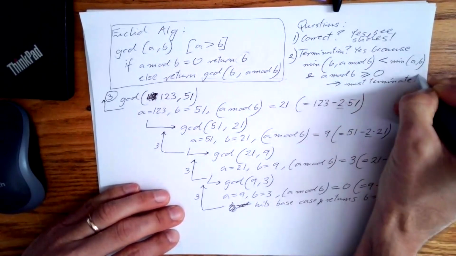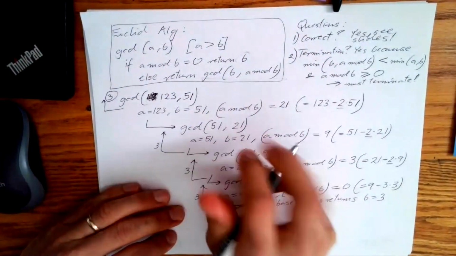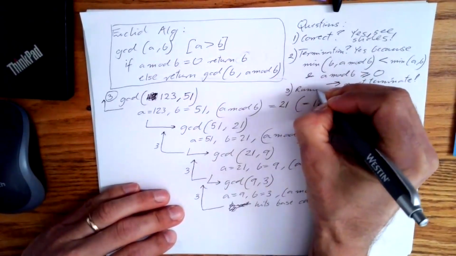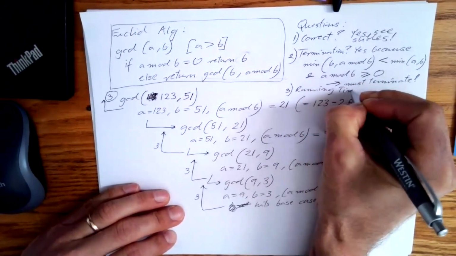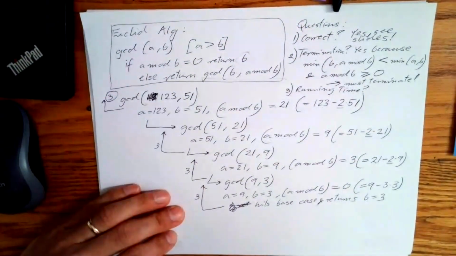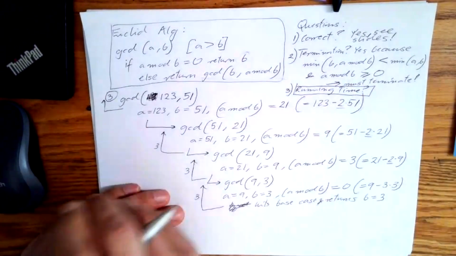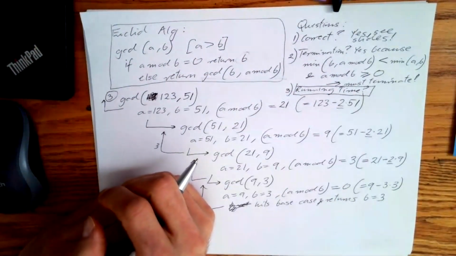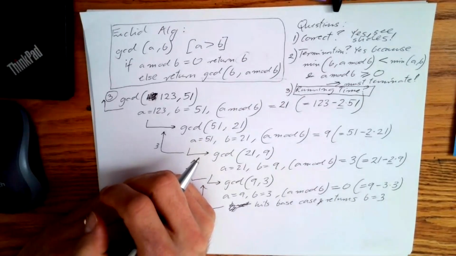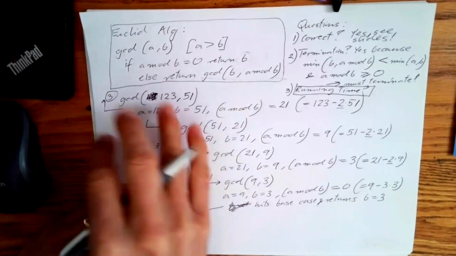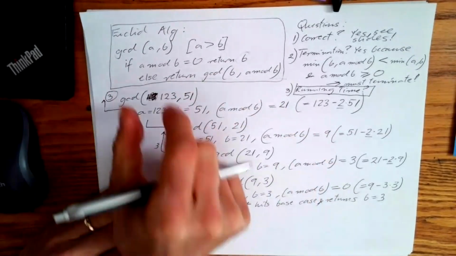Okay, good. You terminate, so that's pretty good, right? But how about running time? That is, of course, a very important question, and we'll leave it to discussion. The beauty of this is that it is actually linear in the sizes of A and B. It is not an exponential time algorithm in the description.